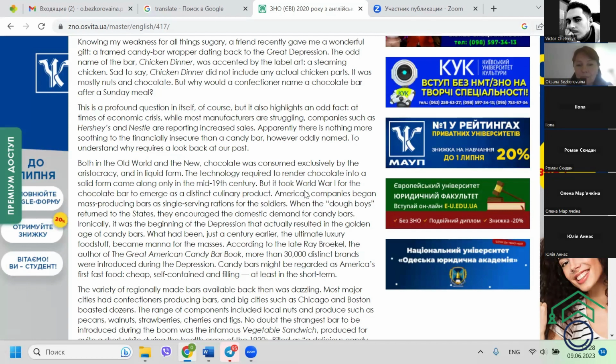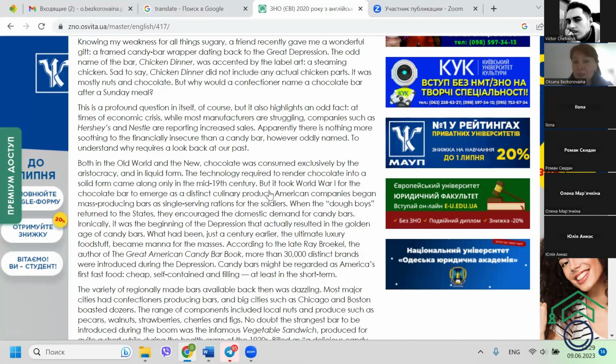Під час Першої світової війни, під час і після, шоколадний батончик з'явився як кулінарний продукт. Як окремий кулінарний продукт. Де тут сказано, що він був solid, що це було вперше?